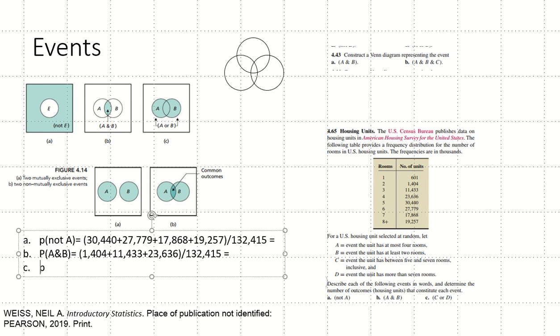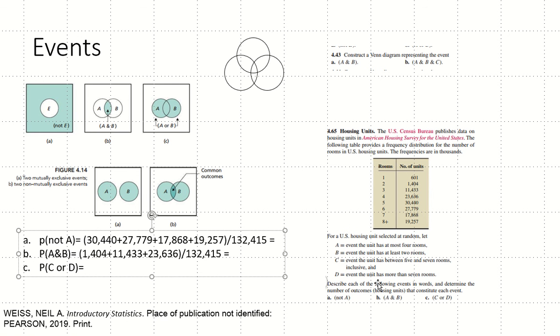The last one is the probability of C or D. And so this is this diagram right here. So as you can see, it is all of A, all of B, but in our case, it's not A and B, it's C and D. C says the event that a unit has between 5 and 7 rooms inclusive, so you include 5 and 7.